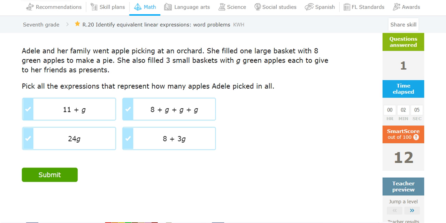Okay, so if I go through that, when I see G green apples each, and it's 3 of them, then that's certainly going to be 3G. And there's going to be 8 green apples to make the first pie, so there's going to be 8 plus 3G.